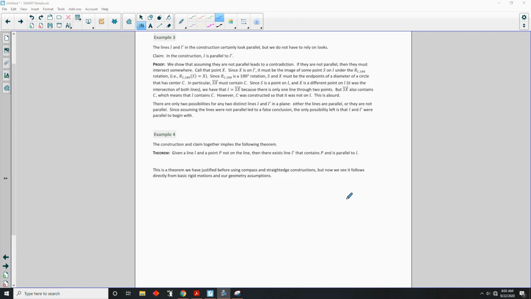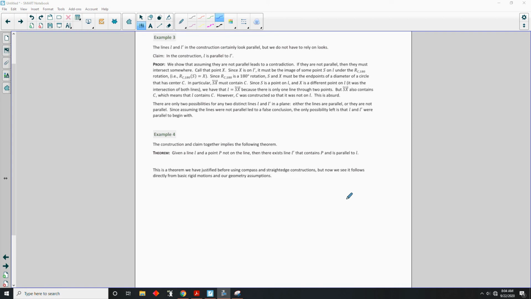Since S is a point on L and X is a different point on L, it was the intersection of both lines, we have that line L equals line SX because there's only one line through 2 points.